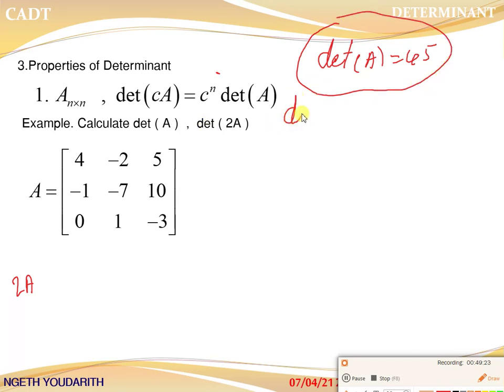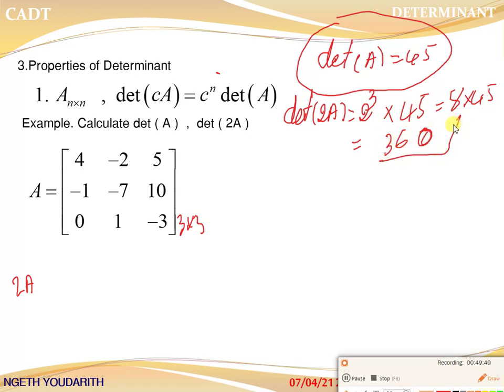So determinant of 2A, where A is 3 by 3, is equal to 2 to the power 3 multiplied by 45. So 8 multiplied by 45 is 360.